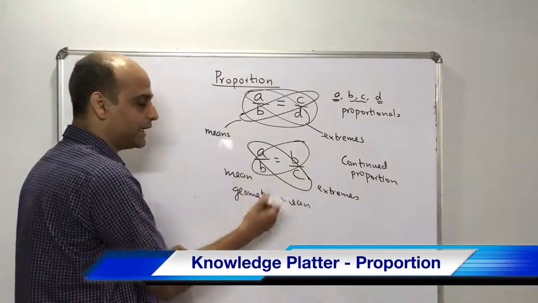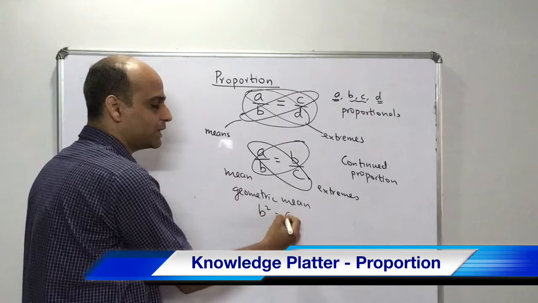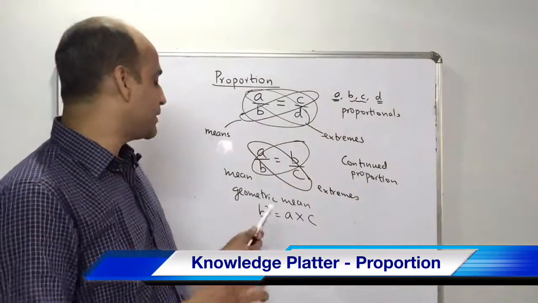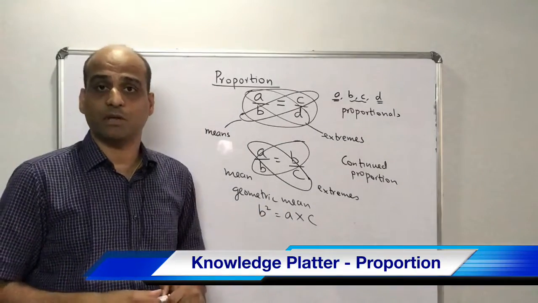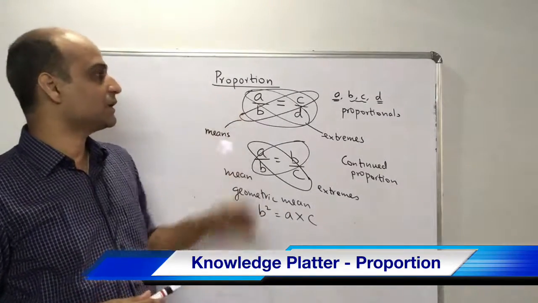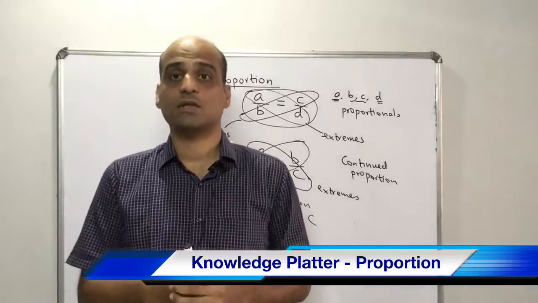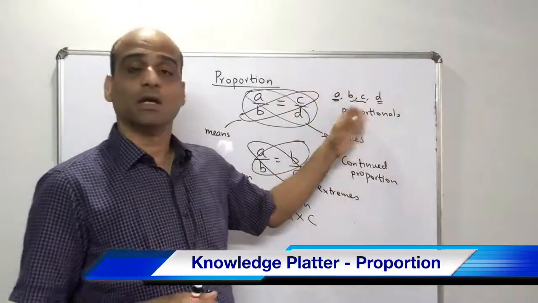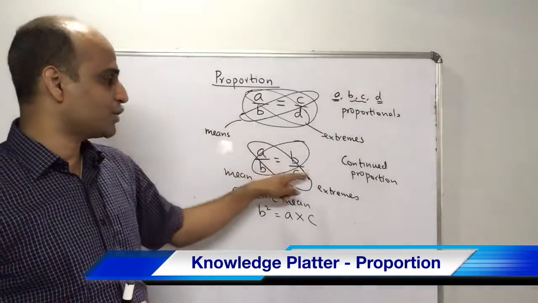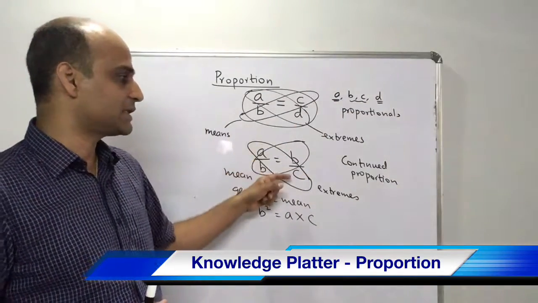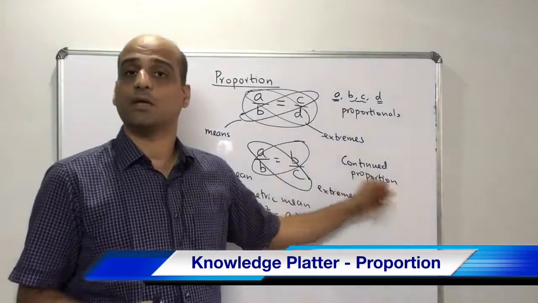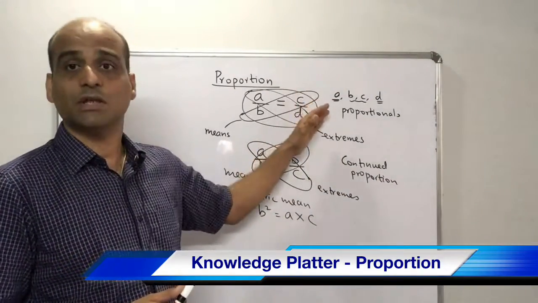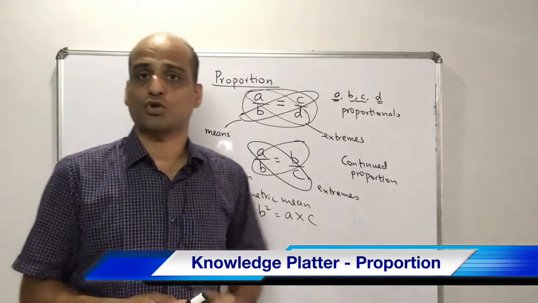If I cross multiply, I get B squared is equal to A into C. So that is why B is also called the geometric mean. So basically, equality of ratios is called a proportion. Now the terms are called proportionals. And whenever you have a repetition in this form, A by B, B by C and so on, it's called a continued proportion. So remember these two, proportion and continued proportion.